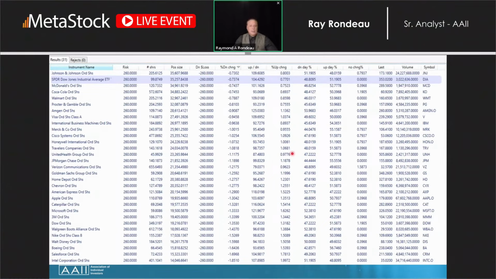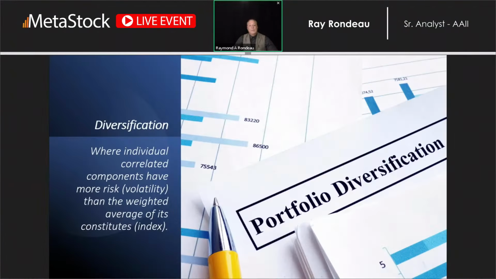You should know this answer. This is a classic example of diversification, where the individual correlated components have more risk or volatility than the weighted average of its constituents, or the index. You can see the advantage of diversification in the numbers by diversifying out.